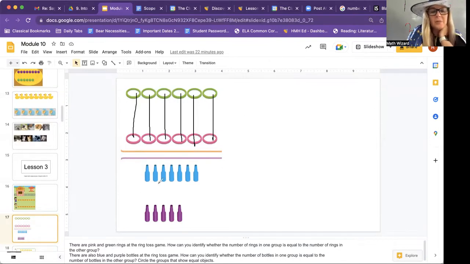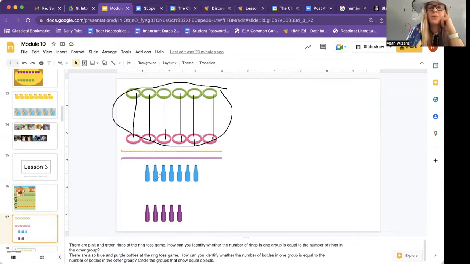There are also blue and purple bottles at the ring toss game. How can you identify whether the number of bottles in one group is equal to the number of bottles in the other group? Circle the groups that show equal objects. So these show equal objects. Now, we can match these. Let's count them first. 1, 2, 3, 4, 5, 6, 7 blue. 1, 2, 3, 4, 5. 7 blue, 5 purple.